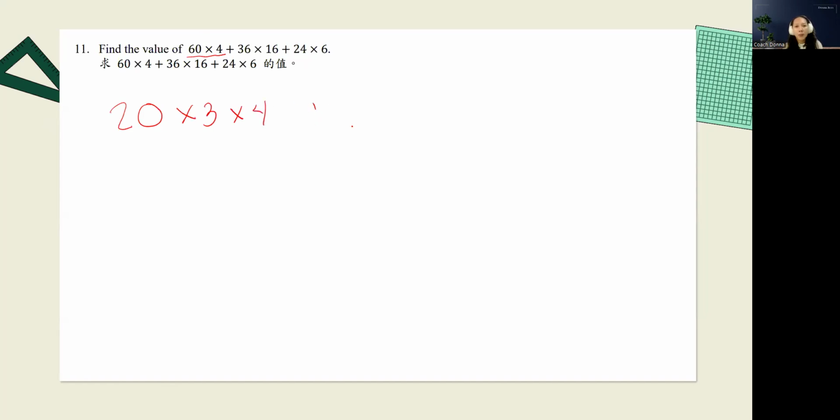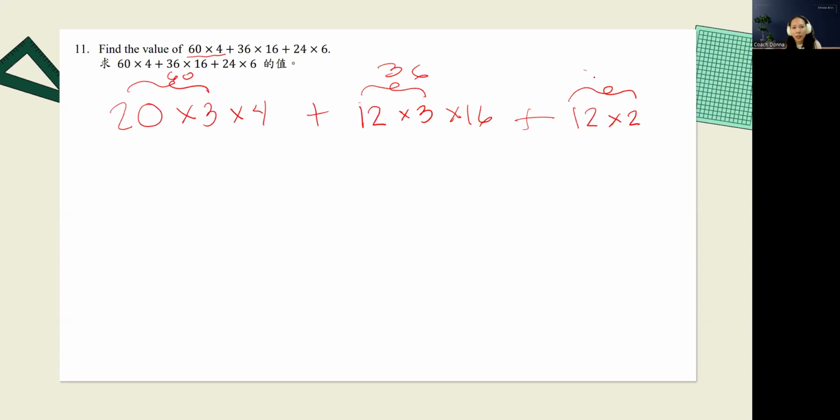Plus 36 times 16. 36 in this case also can be expressed in terms of 12. That's 12 times 3. Again, this is 36. This is the 60 right here times 16. All right, so next step is the 24 times 6. The 24 can be expressed as 12 times 2. This is our 24.